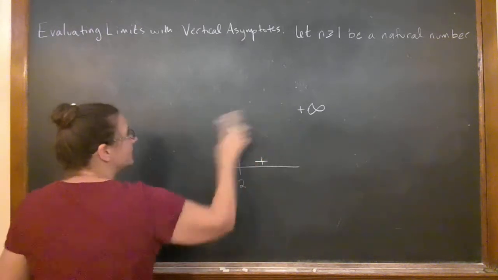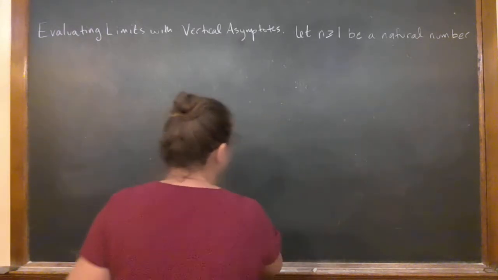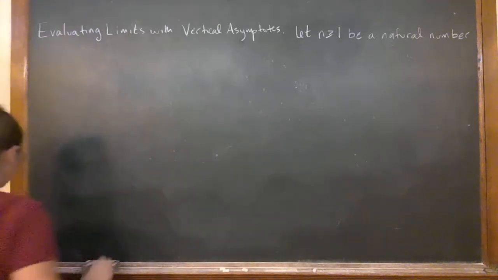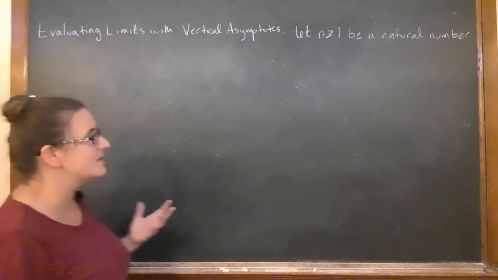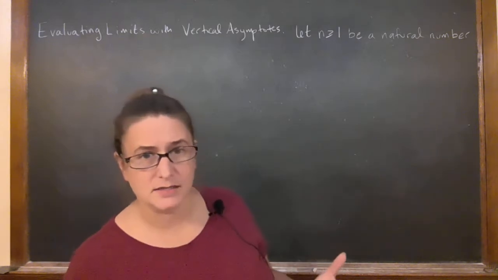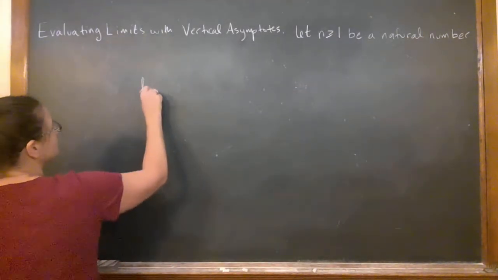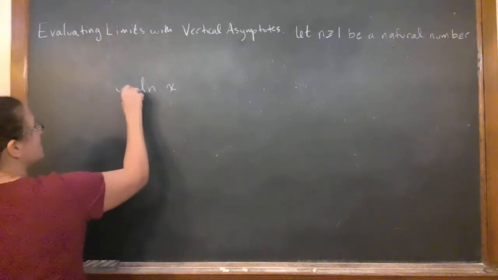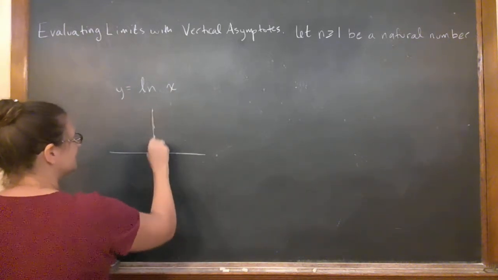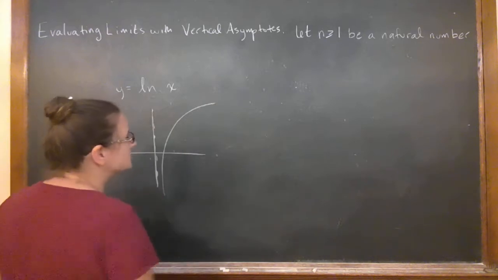Okay, one other point I wanted to make about vertical asymptotes. We also have other functions that have vertical asymptotes, not just rational functions. For example, natural log of x has a vertical asymptote at x equals 0.